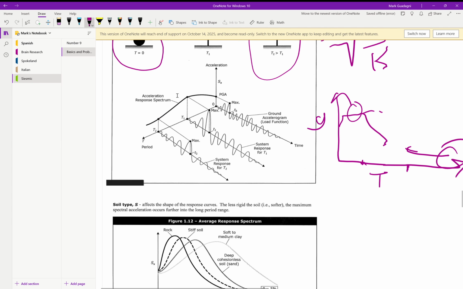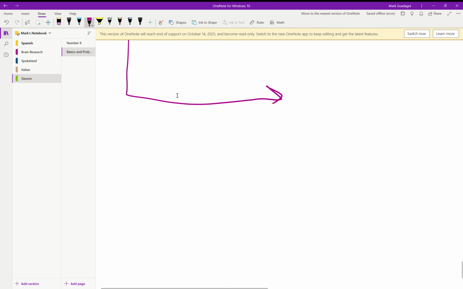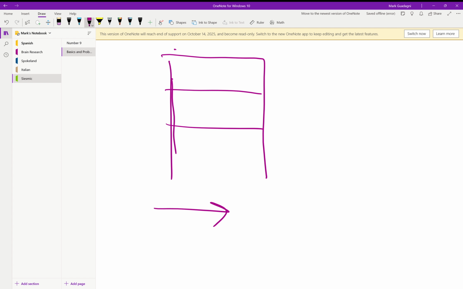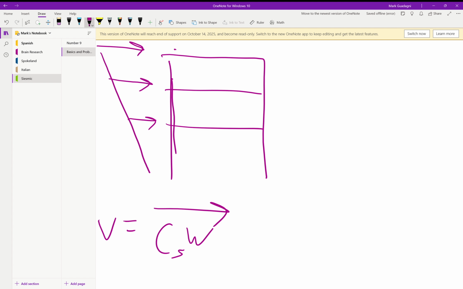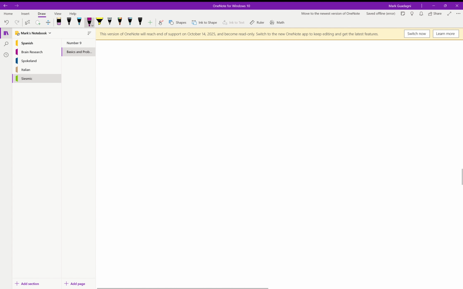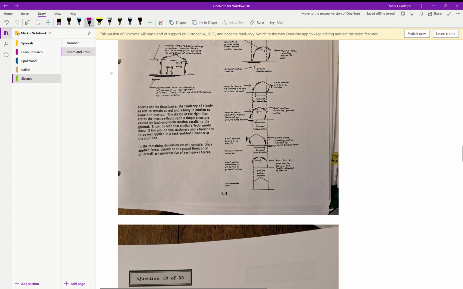they can draw up a simple building, not like the one we're going to example, and they'll say, hey, the base shear is this, which is, as we remember, C sub S times W equals V. And then, depending on how tall the building is and how stiff it is in the period, there'll be a distribution of the seismic force on each floor.